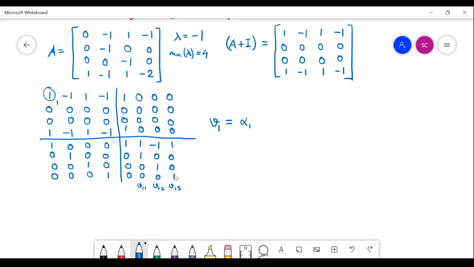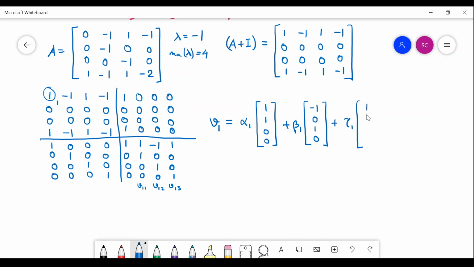So you can write that V1 is some alpha 1 times V11, which is this 1100, plus some beta 1 times V12, plus gamma 1 times 101.